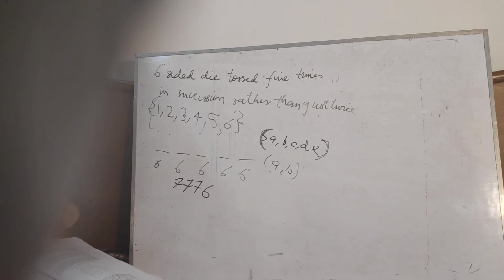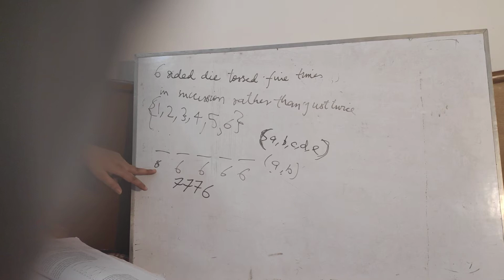Then how many possible 5 tuples do we have here? We have 6 into 6 into 6 into 6 into 6. So it says n1 into n2 into n3 and so on up to nk.